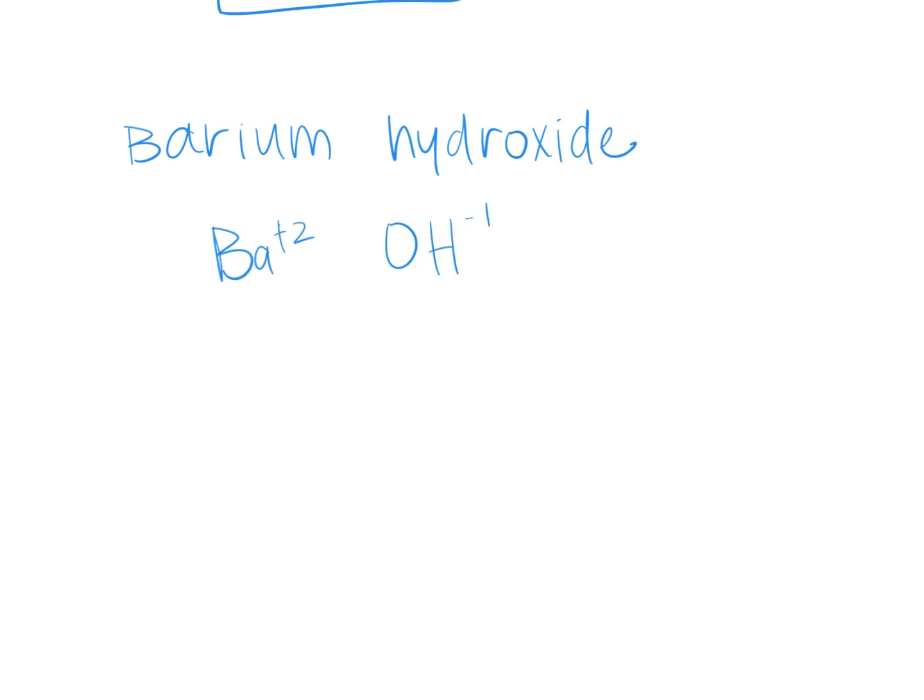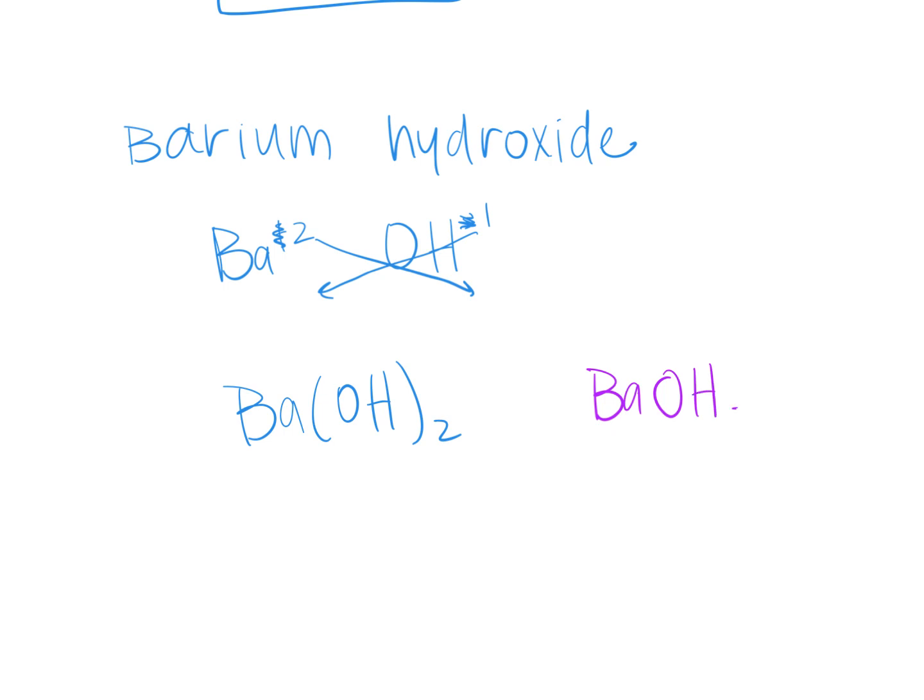So I'm going to crisscross, bring the 2 down, bring the 1 down. That leaves me with Ba(OH)2. Did we remember to put the OH in parentheses? Yep. Okay, here's the difference, especially with hydroxide, it makes such a difference. If I did not put them in parentheses, if I had forgotten, this says BaOH2.